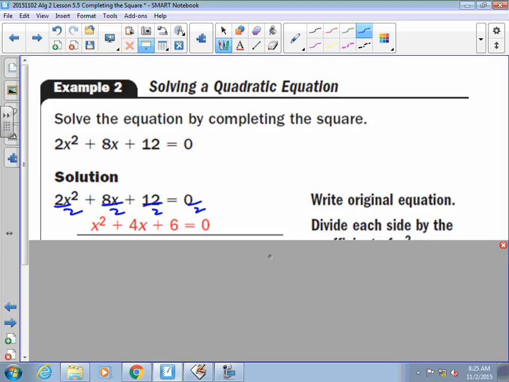Now, this is not a perfect trinomial because you cannot take the square root of 6. That's what makes it not a perfect trinomial. x squared plus 4x plus 6 is equal to 0. This is the one that you can't take the square root of because it's not a perfect square.